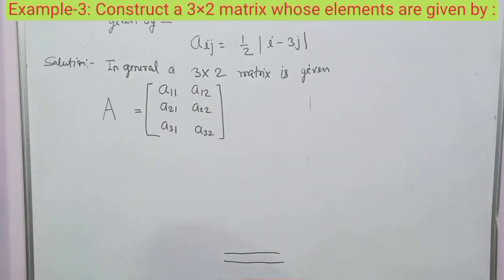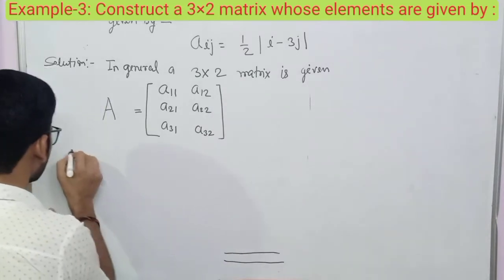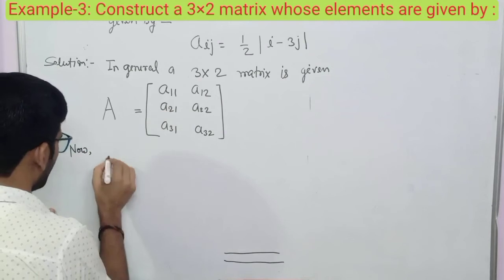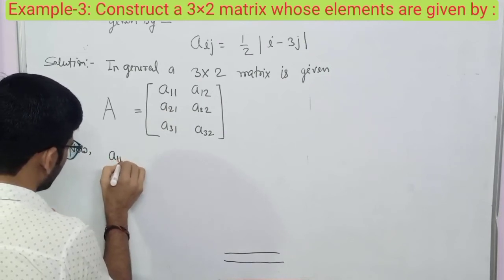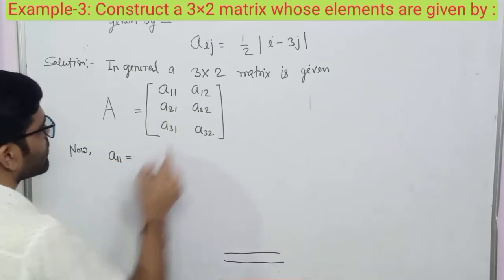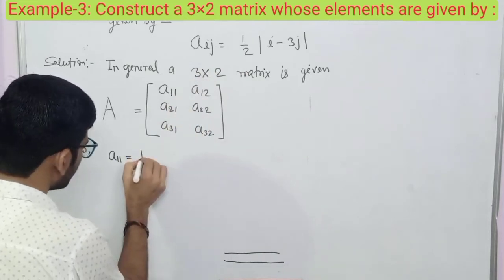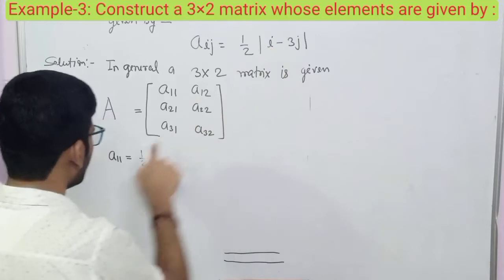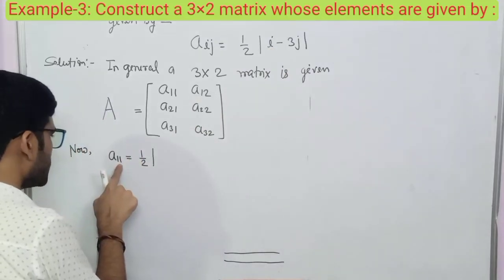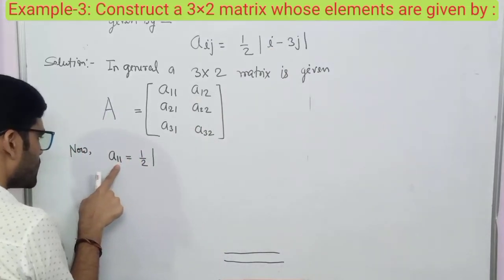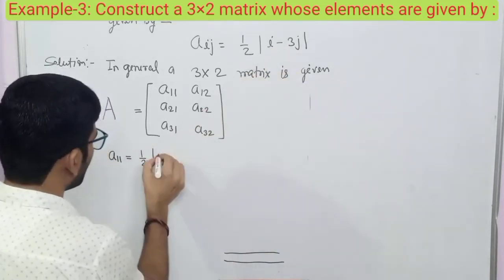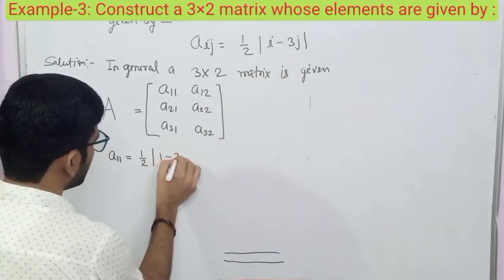Okay, how can you find it now? A11 means 1 by 2 modulus of i minus 3j. Here 1 1 means i equal to 1 and j equal to 1, so you put the value: 1 minus 3 into 1.